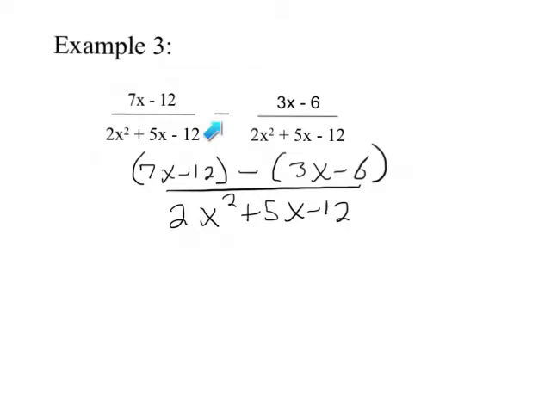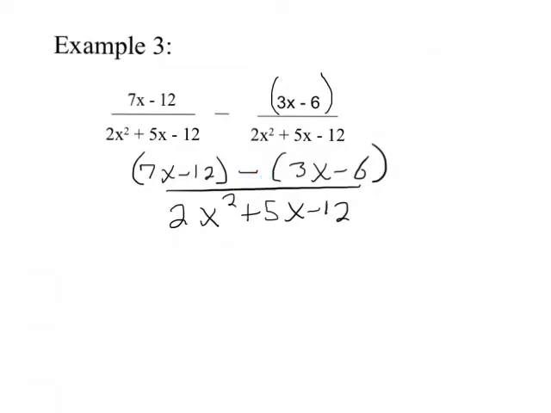They see a minus there, so they tend to put the minus only with the 3. You don't want to do that. Remember, you are subtracting this entire binomial from the first binomial. So make sure you always put the minus there and then put the parentheses there.